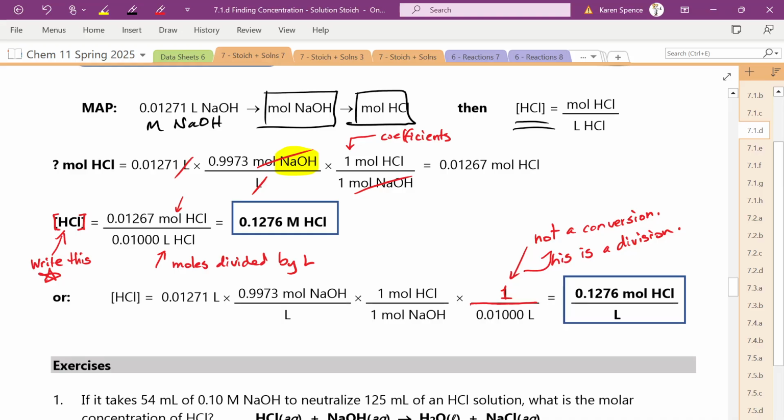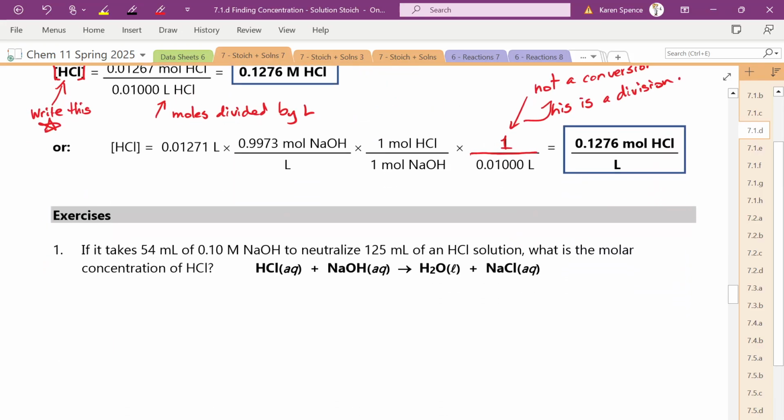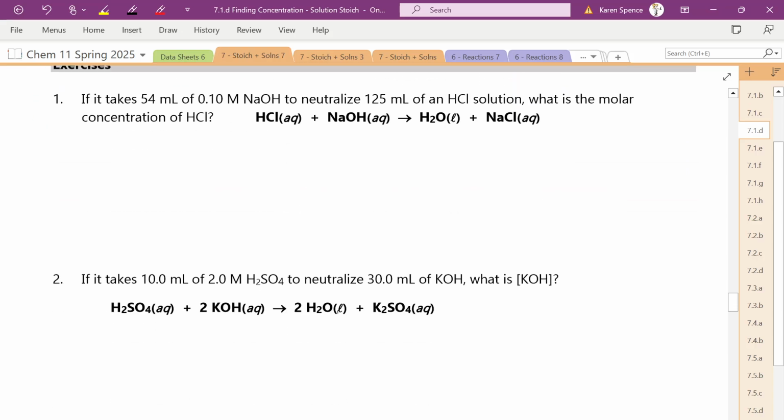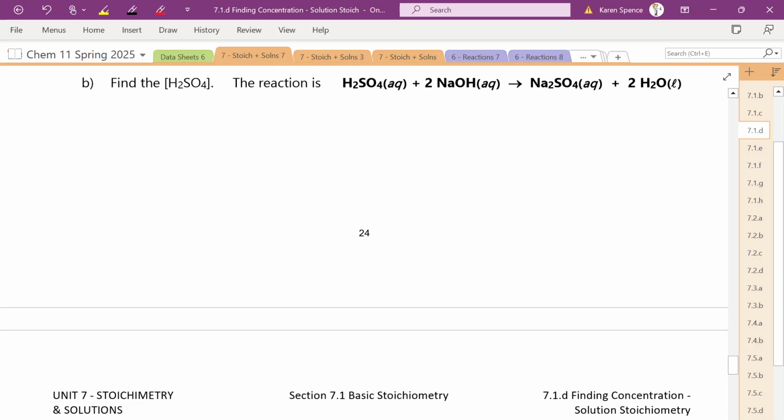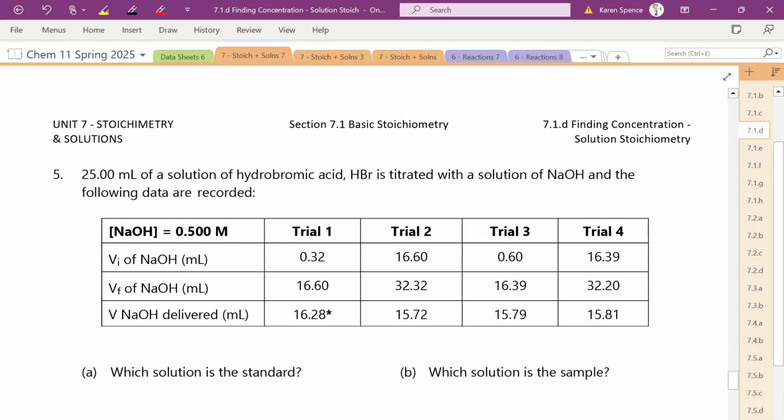So we got some exercises here for you to practice on. I just want you to take a quick look on, what page is it on? There is one question back here, question number 5, where you have some more actually realistic data, where you have trial 1, trial 2, trial 3.